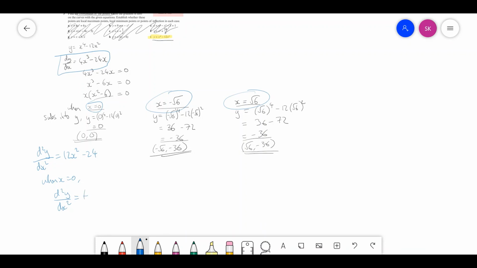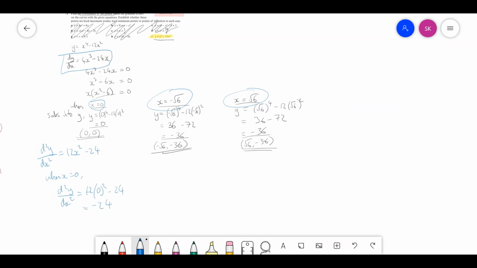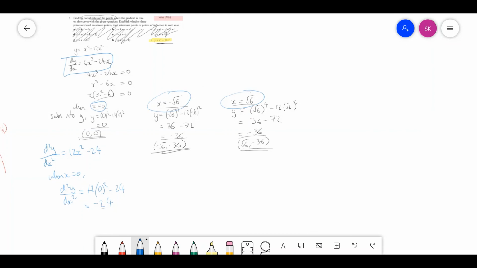So we've got 12 bracket 0 squared minus 24, so that's negative 24. As I keep saying, it doesn't matter what the number is, what matters is it's less than 0. And if it's less than 0, the curve is going to be constantly decreasing, making this a local maximum point.